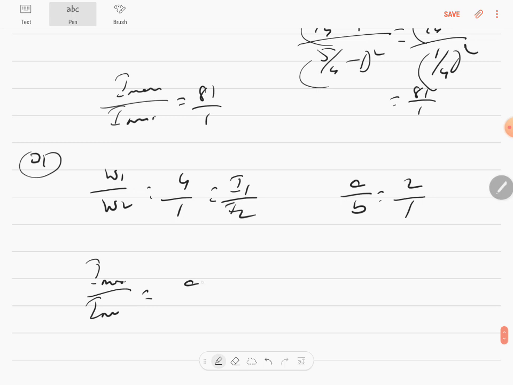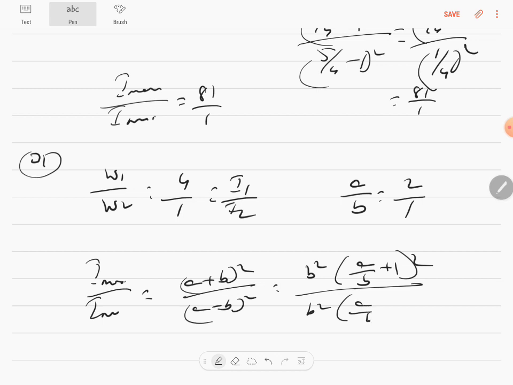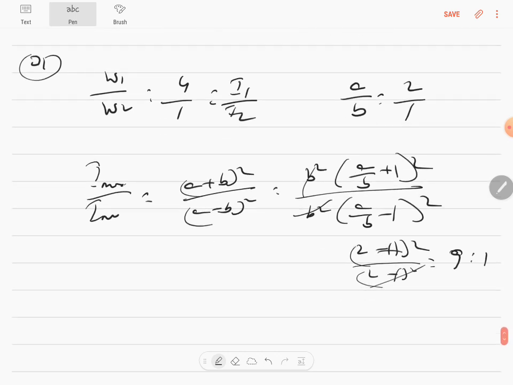It's A plus B the whole square by A minus B the whole square. You have A by B. Take B square out, so A by B plus 1 the whole square by A by B minus 1 the whole square. So 2 plus 1 the whole square by 2 minus 1 the whole square, which is just 1. So the answer is 9 is to 1. Can I go to the next sum?